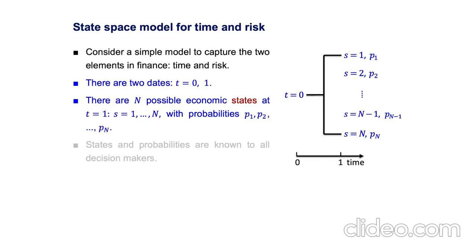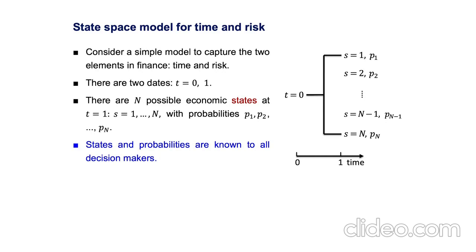The n states can also be represented by the n branches at time 1, as in the graph on the right-hand side of the slide. We assume that the possible states and their probabilities are known to all decision makers.